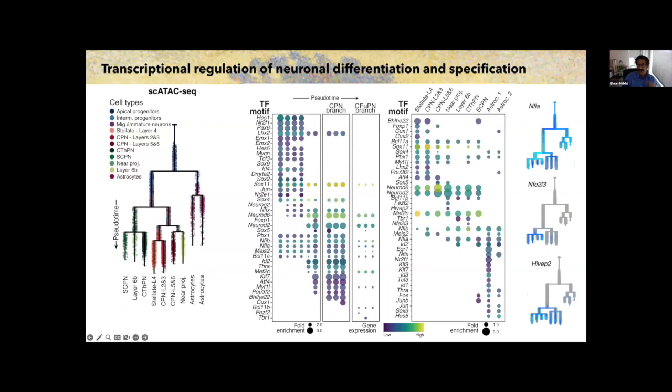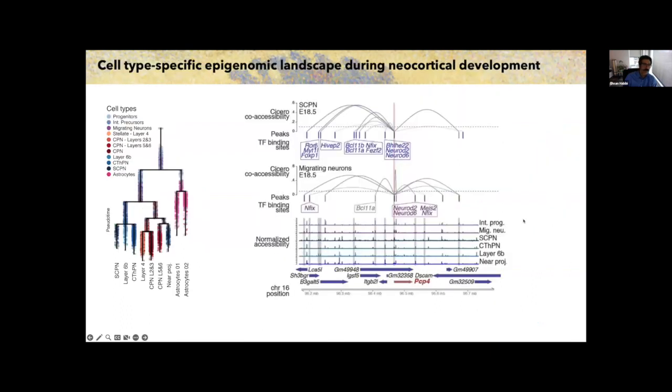Some of these have been reported in the literature previously, but we also found a couple of new transcription factors that seem to play an important role, either during migration or for other cell types generated here. Another interesting example is PCP4.